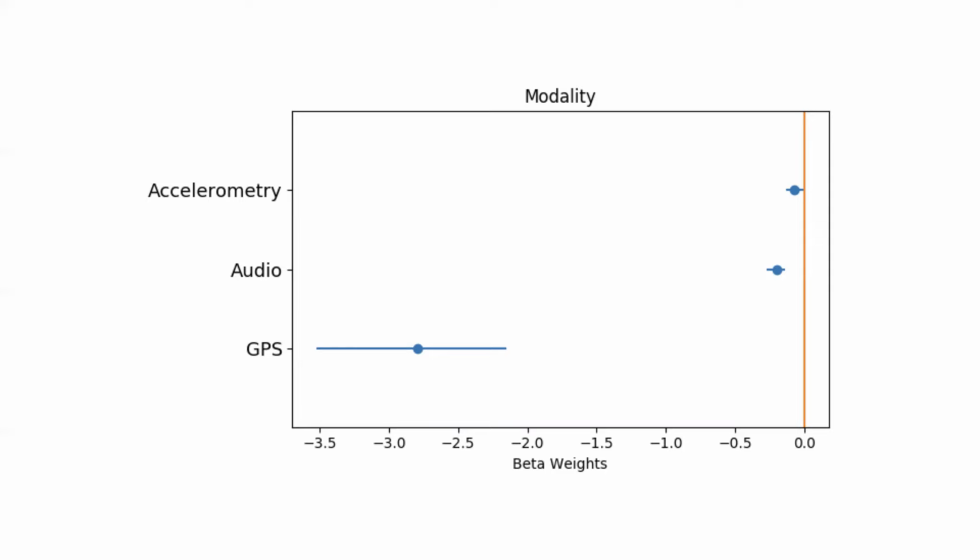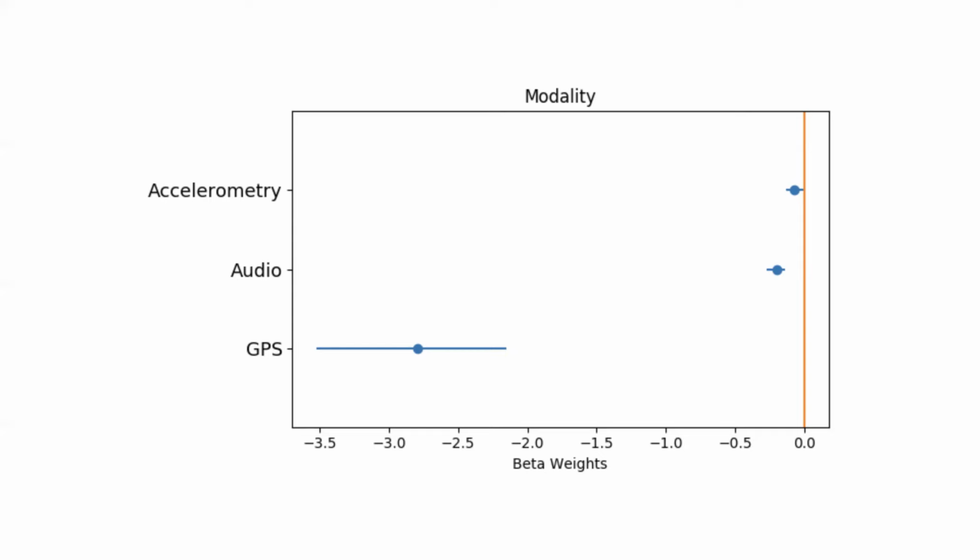Then we can enter those into a conditional logit model to determine the significance of each of the different dimensions to the choice behaviour. Perhaps unsurprisingly, the GPS location had a much larger impact on the choices that people made than the auditory or the accelerometry. So if a distractor was close to the correct location, it was more likely that it would be chosen.